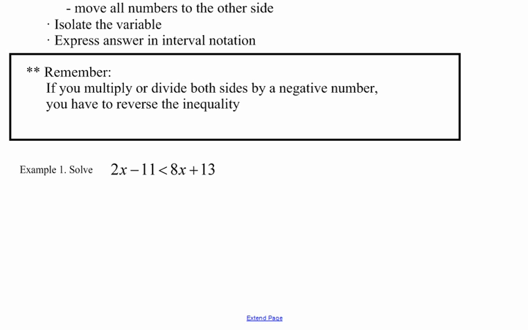So here's an example of a linear inequality, because it's degree 1. So we're going to get all the x's on one side and all the constants on the other. It doesn't matter how we move it. I'm going to bring the x's to the left, so subtract 8x from both sides. Minus 6x minus 11 is less than 13, and then add 11 to the other side.